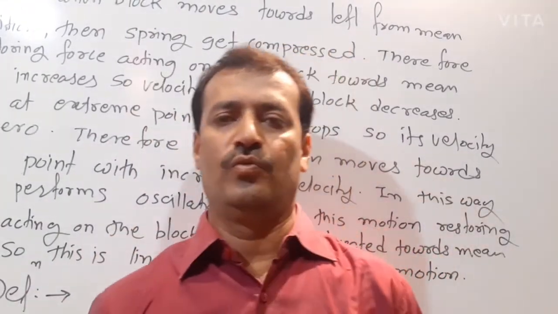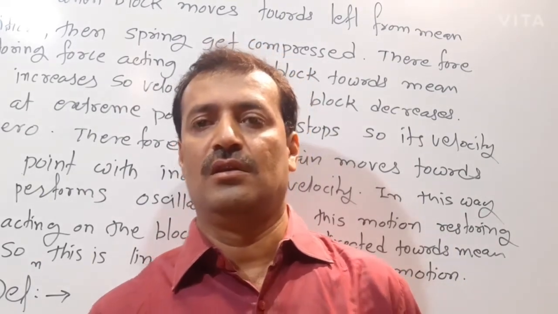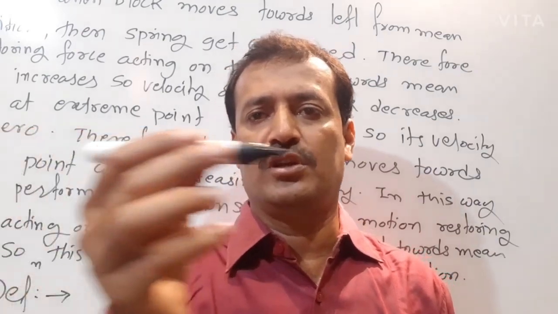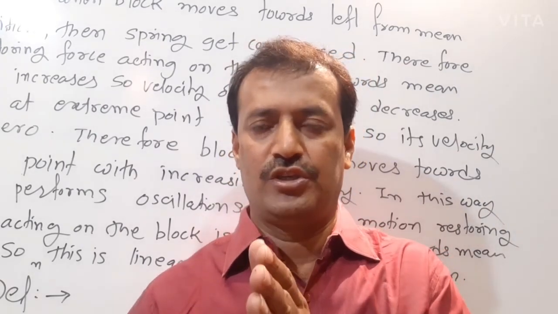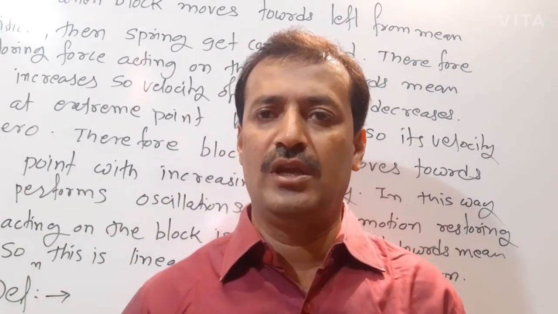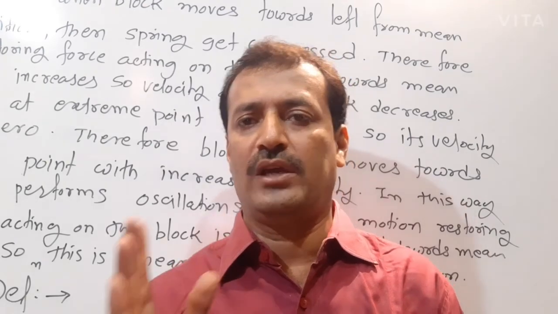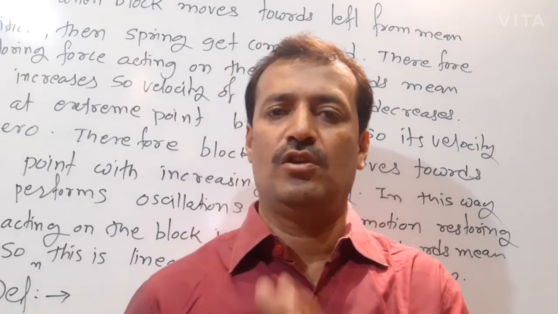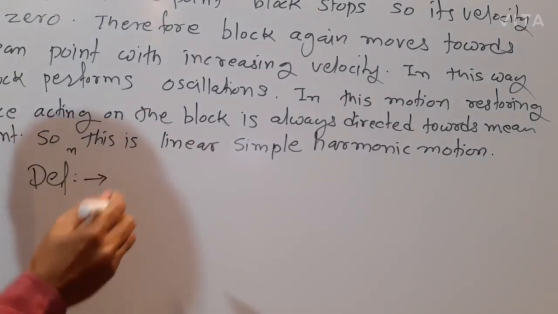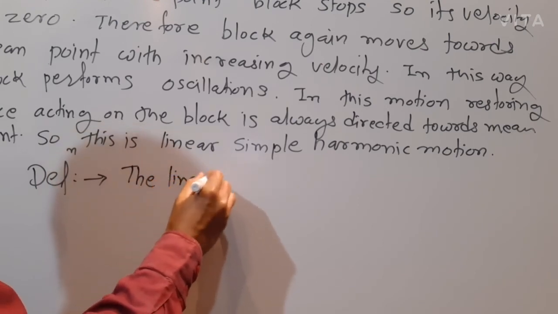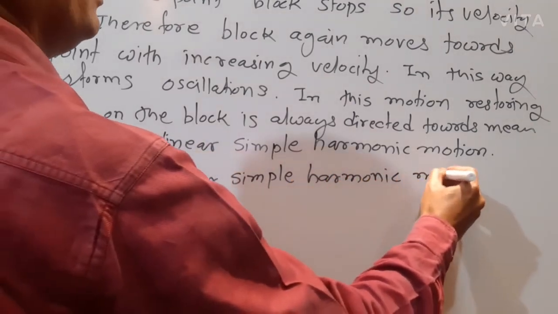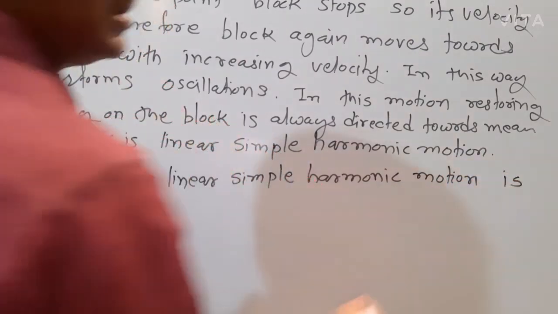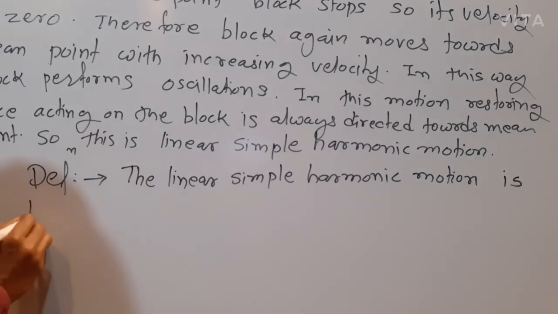From above discussion, we are able to define the linear S.H.M. The linear simple harmonic motion is defined as the linear periodic motion of a body in which force or acceleration is always directed towards the mean position and magnitude of force or acceleration is directly proportional to the displacement of the body from the mean position.